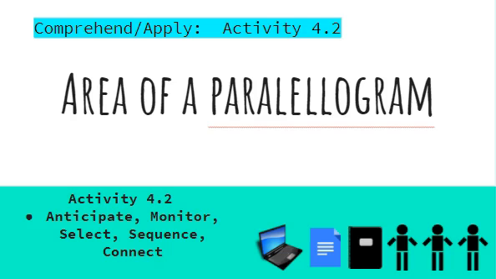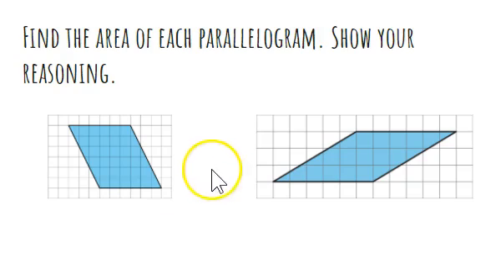So what's that mean for area? Well, when we talk about area with a parallelogram, we can think back to some of the things that we were doing the other day with manipulating those triangles.